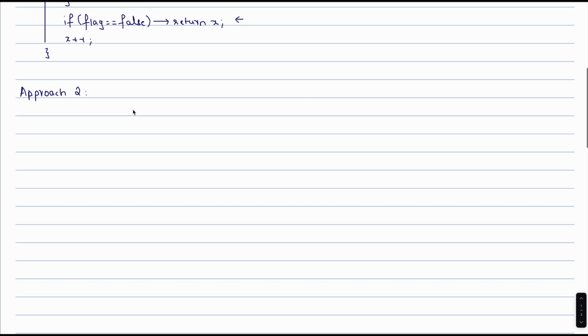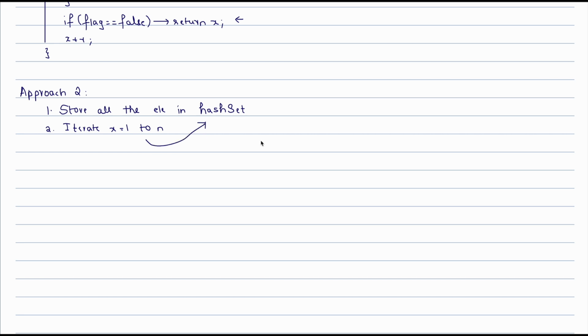Yes, you're right, we can do this with the help of a hash set. The first step will be to store all the elements present in the array in a hash set. The second step will be to iterate from x equals 1 to n and start searching for the value of x inside this hash set.